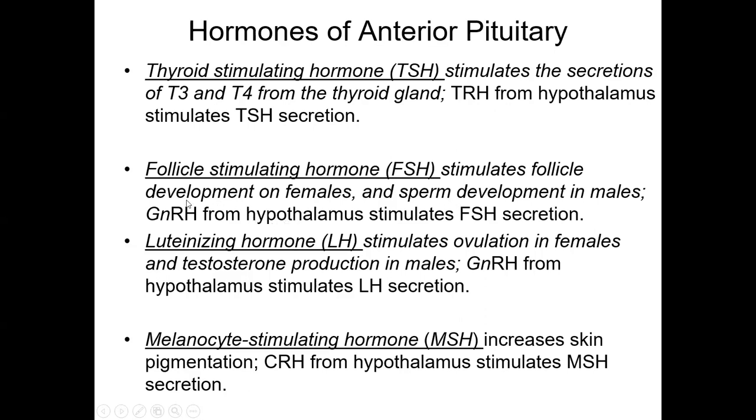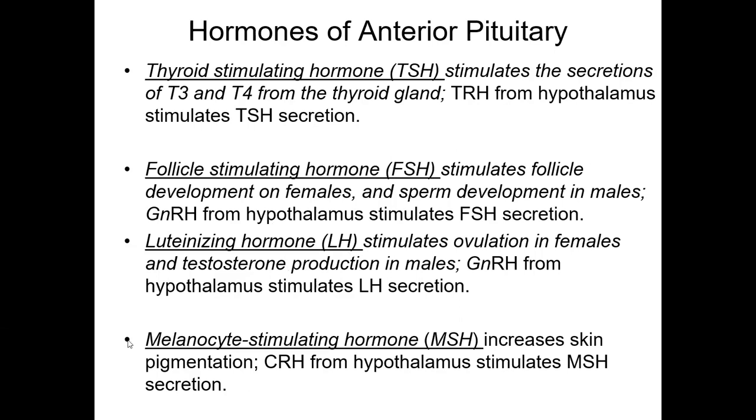The anterior pituitary needs to receive GnRH from the hypothalamus before it can release follicle-stimulating hormone or luteinizing hormone. And the effect of luteinizing hormone is ovulation in the ovary or testosterone production in the testes in males.